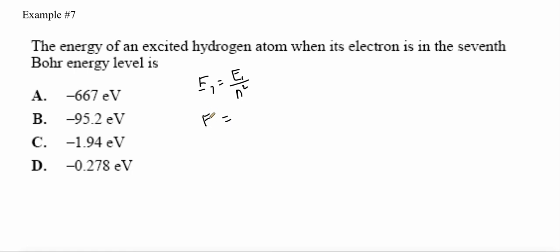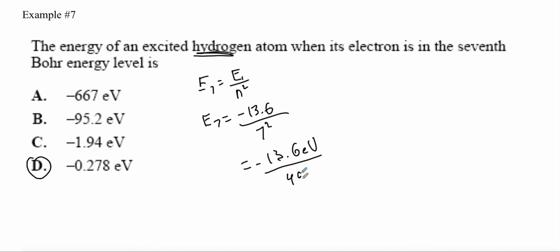So that is negative, and it's hydrogen, so we know that's 13.6, divided by 7 squared, which, if I look at this, is obviously D, because 13.6 divided by 49 is going to give us the closest to D.